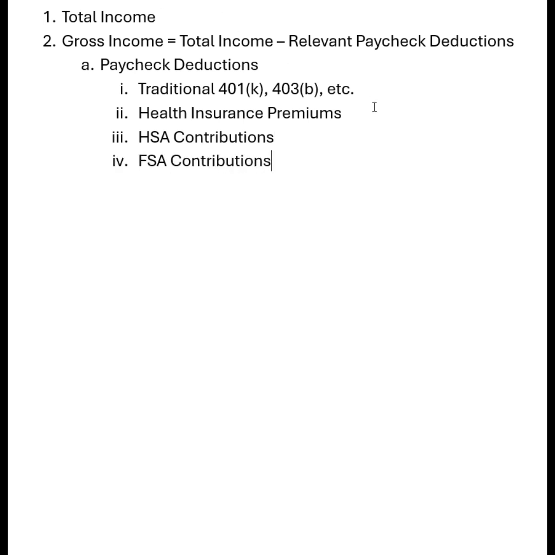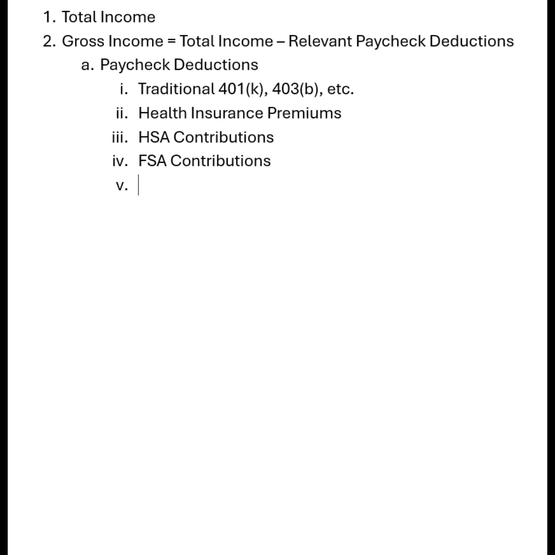But in all three cases, those are only relevant if they are contributed to an employer-provided health insurance plan. If you buy private health insurance, that will not come out via paycheck deduction and will thusly not be considered a relevant paycheck deduction.